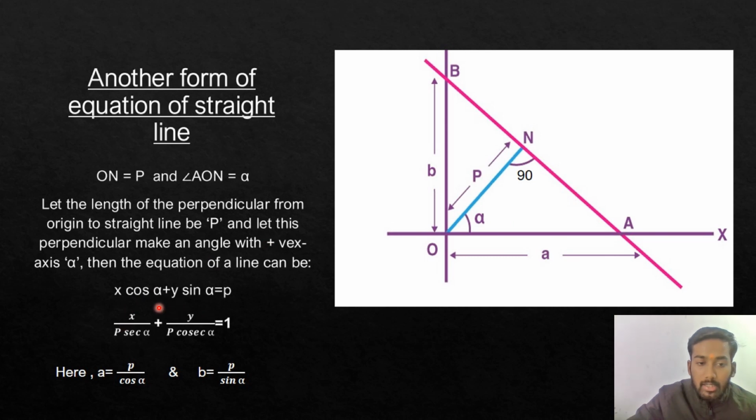We can write it as x upon p sec alpha plus y upon p cosec alpha is equal to 1. It is nothing but an intercept form, where a's value is p upon cos alpha and b's value is p upon sin alpha.